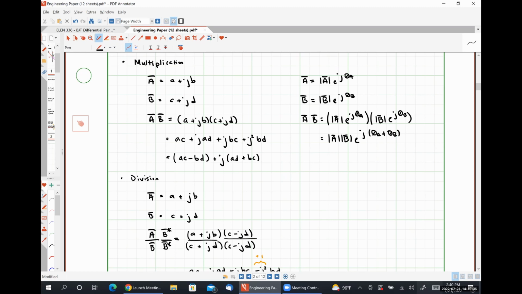Much easier. In polar form, this would be magnitude of A, magnitude of B, angle theta A plus theta B. So the exact same thing. Multiply the magnitudes, add the angles, and you have your resultant complex number. Now let's look at division.